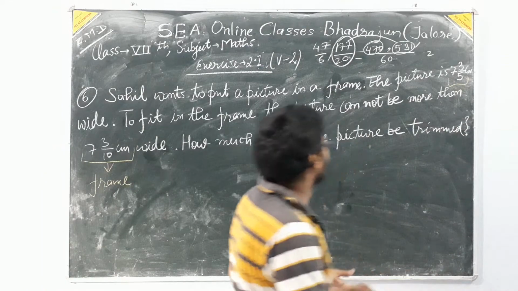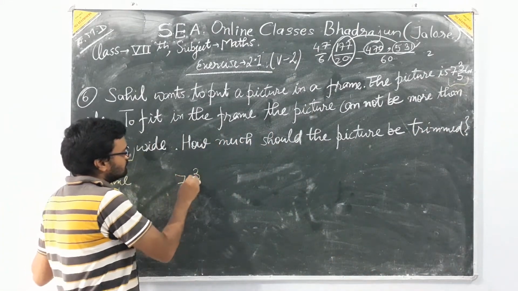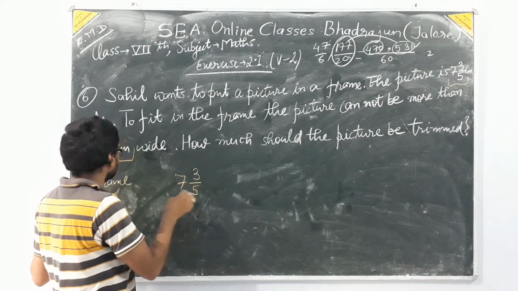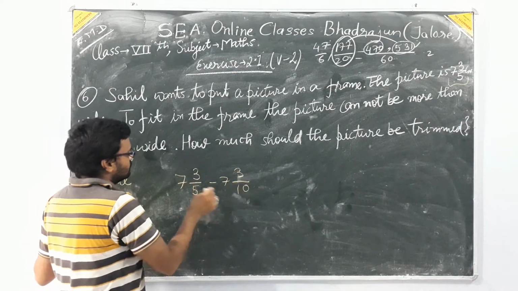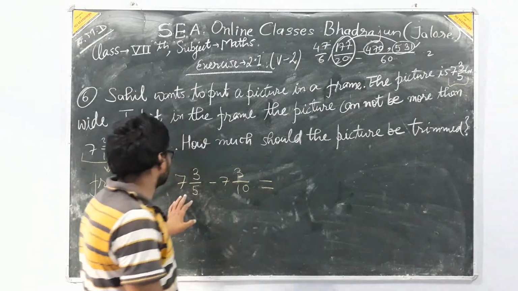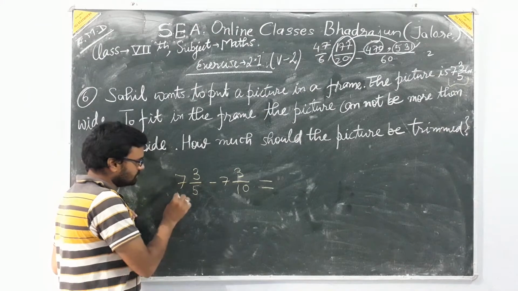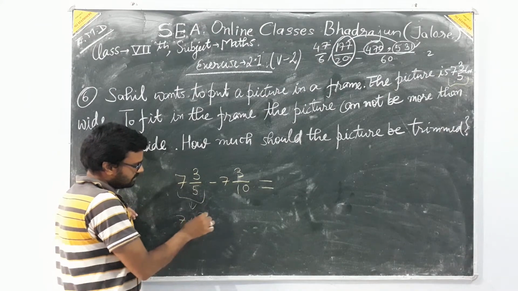So what we'll get is 7 whole 3 by 5. We will subtract our 7 whole 3 by 10 from 7 whole 3 by 5. The actual meaning of this one is 7 plus 3 by 5.